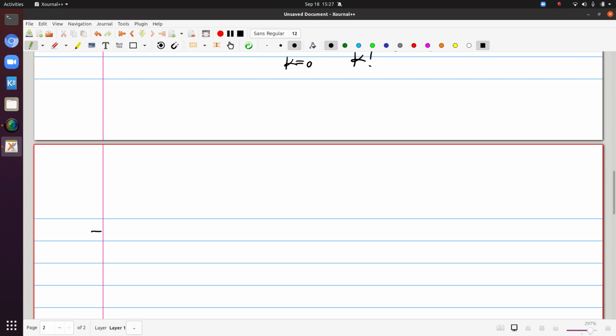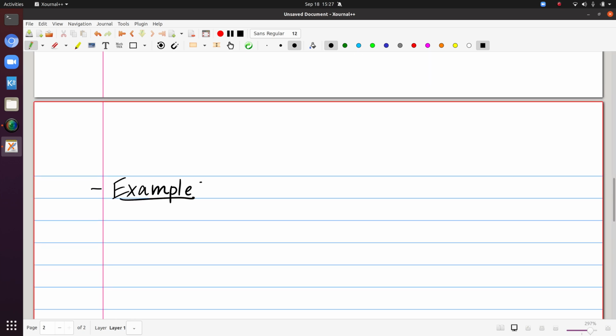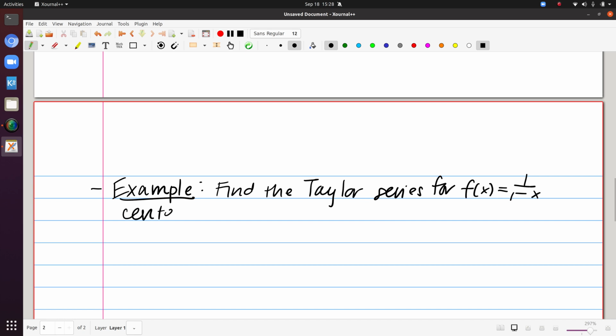So if I come back to what I was just looking at, the function is f of x equals 1 over 1 minus x. Suppose that our goal now is to find the Taylor series for the function f of x equals 1 over 1 minus x centered at x equals 0.